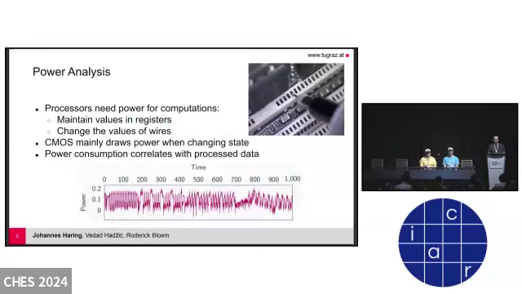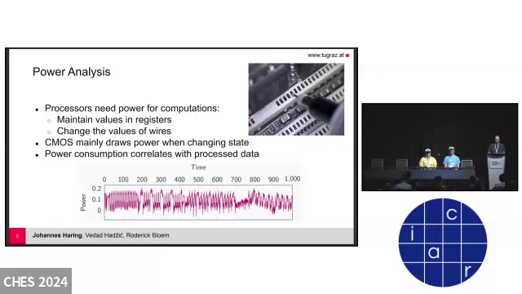Now, as you know, an attacker might perform power analysis attacks on a cryptographic piece of hardware. A processor needs power to perform its computations. It needs it to maintain the values in its registers. And whenever a change in the value of a wire happens, then it draws power. The main reason for that is the way CMOS gates work.